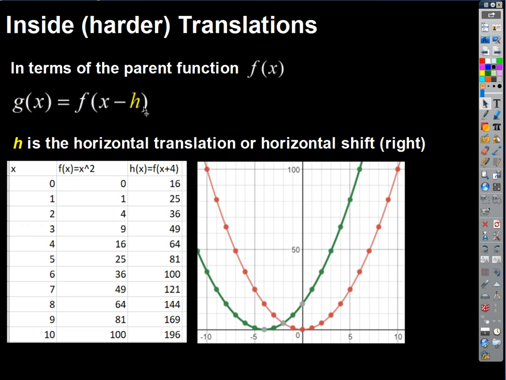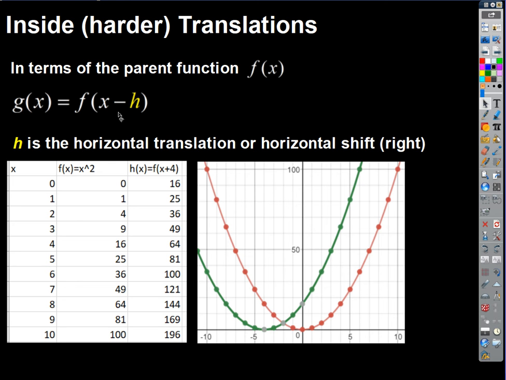So we're going to define our parameter in this way. If we want to invoke a horizontal shift in our function, we're going to plug in a value for h, where h fits into the template f of x minus h, and h represents the positive shift to the right.